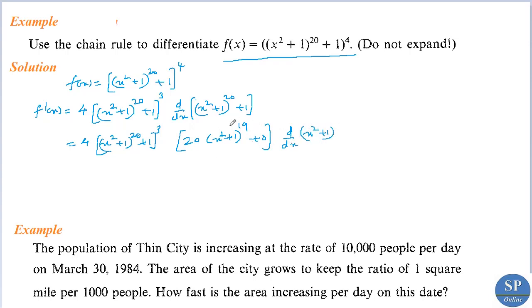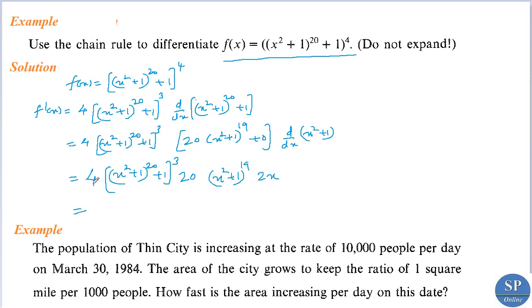That is, we applied the chain rule again. So this is equal to 4 into x square plus 1 power 20 plus 1 whole cube, into 20 x square plus 1 power 19, into d by dx of x square plus 1, which is 2x.